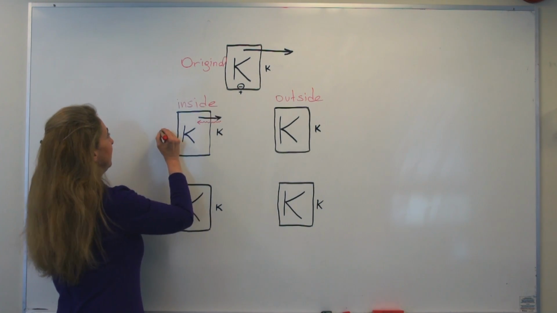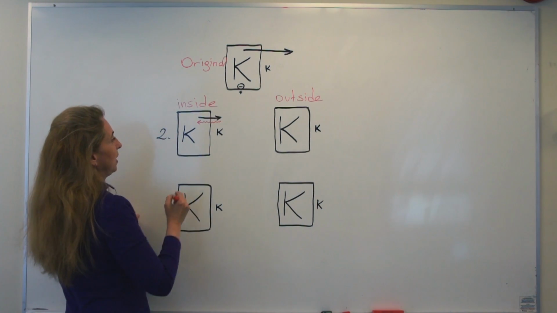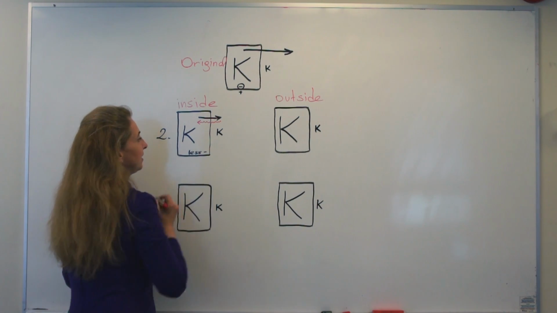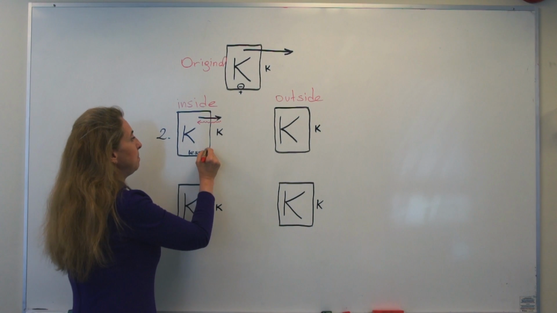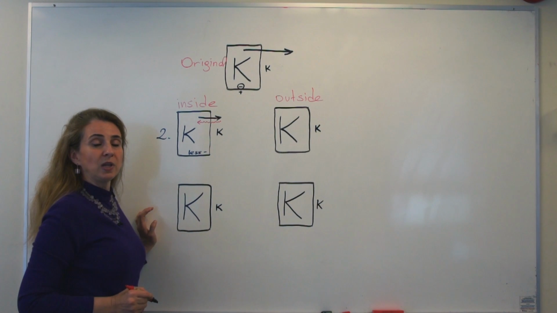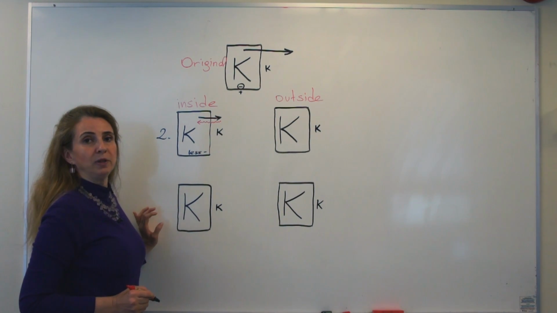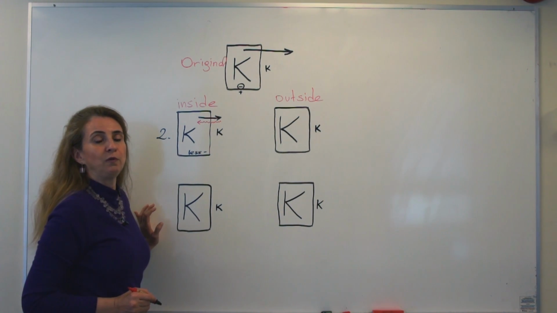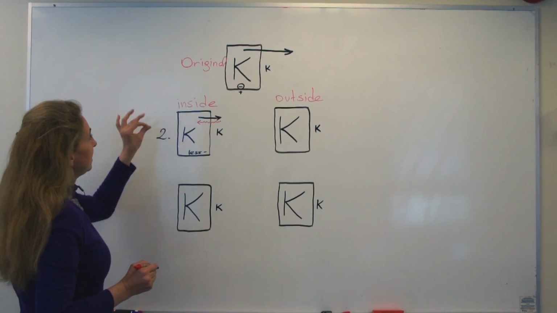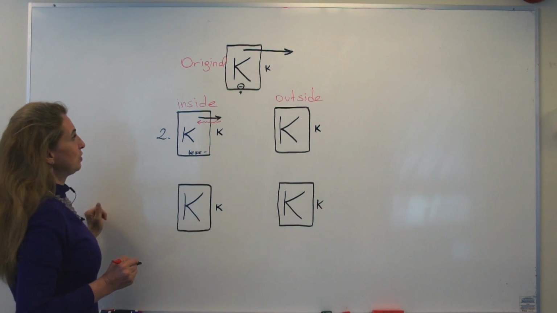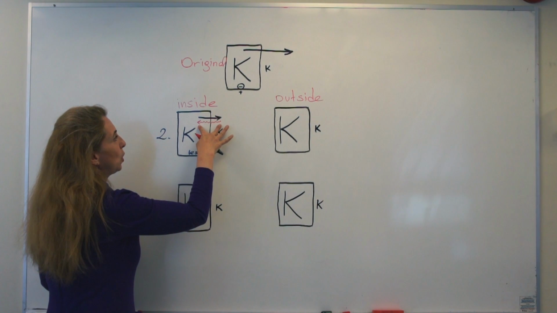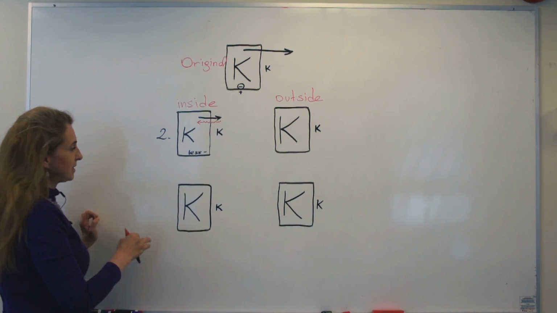For cell number 2, the inside becomes less negative, which means the membrane potential becomes less negative, because whenever we are talking about the membrane potential, we always refer to the value on the inside. So, by decreasing the inner potassium concentration, you decrease the concentration difference, and so the Nernst potential becomes less negative.